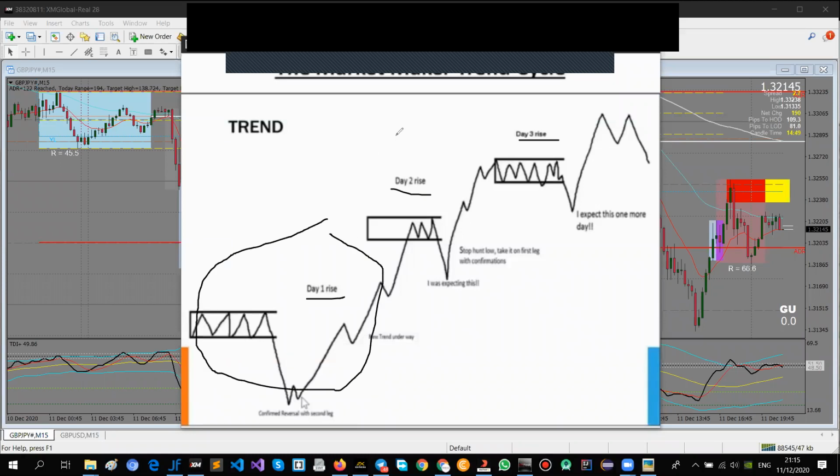Level 1, level 2, level 3. This is how we count levels using the 2.5 to 5 days of rise and drop.